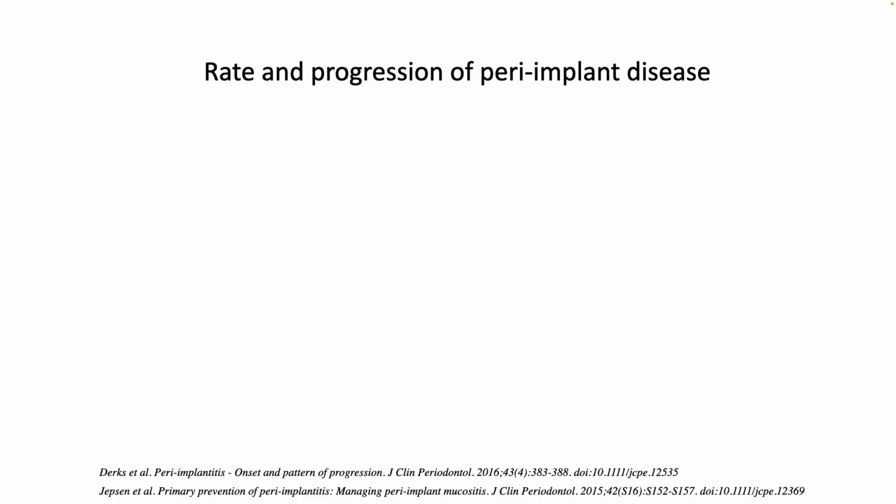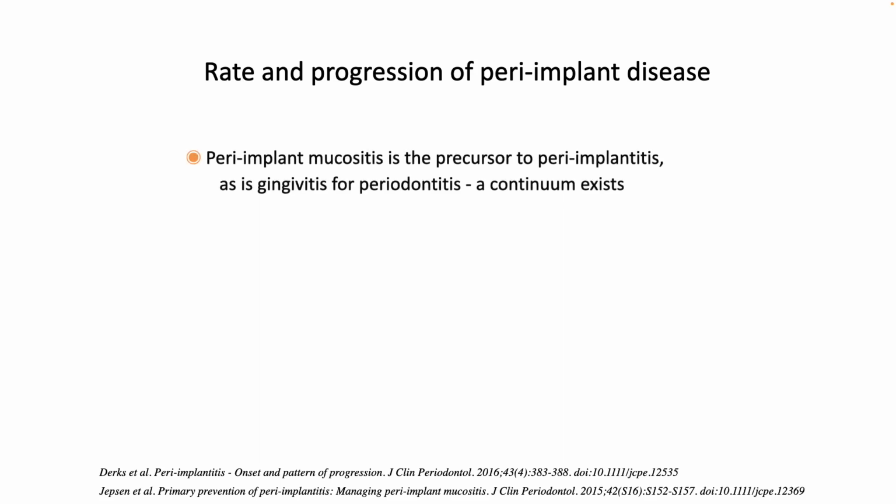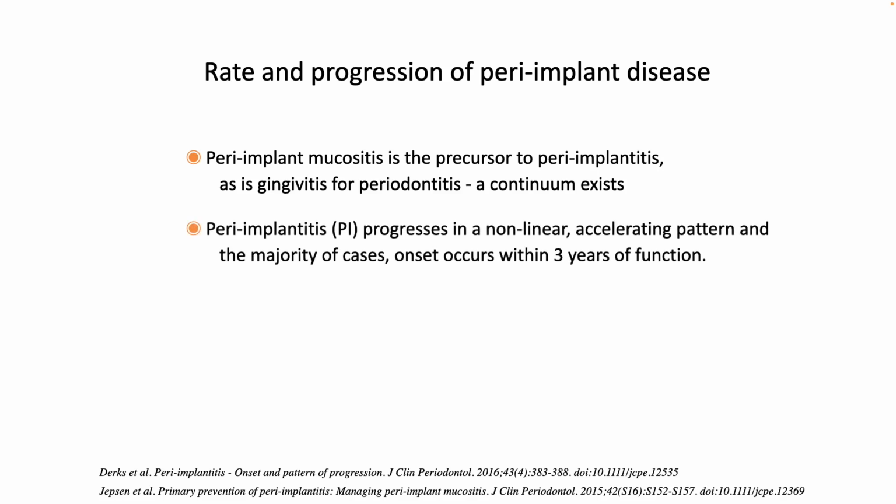So if we look at the rate and progression of peri-implant disease, we find that peri-implant mucositis is a precursor to peri-implantitis, much like gingivitis is for periodontitis. It's a continuum, but it isn't linear. There's periods where it's very much accelerated, but in the majority of cases, onset occurs within about 3 years of function.